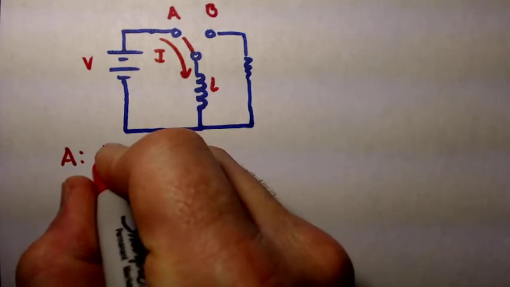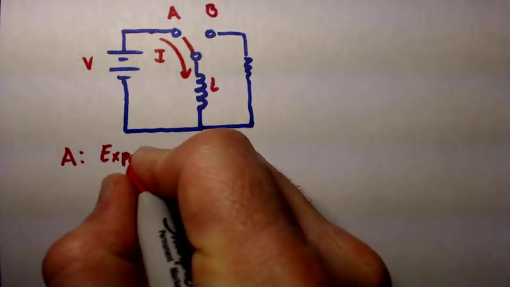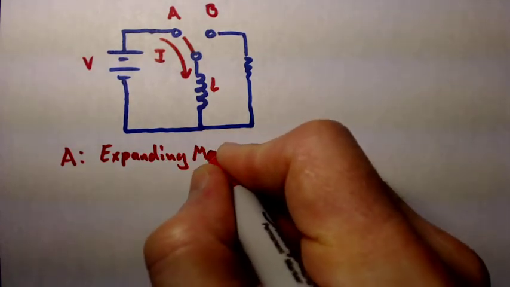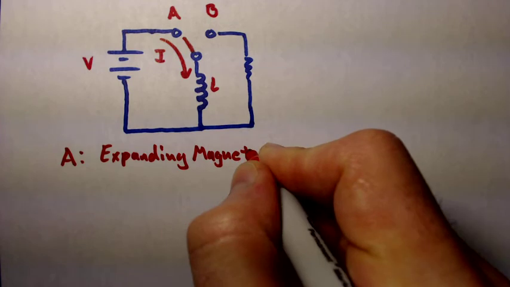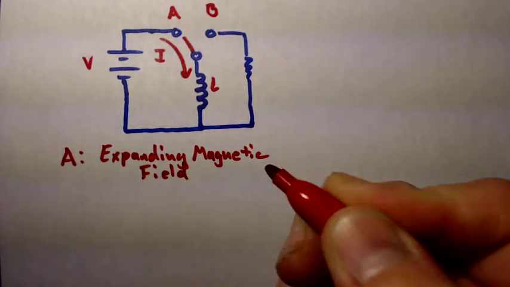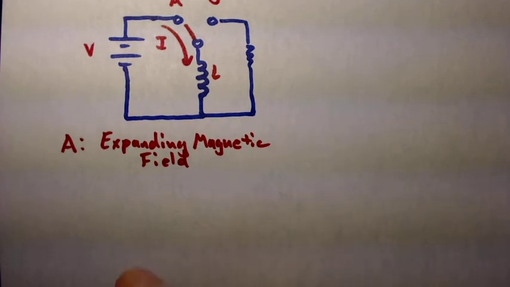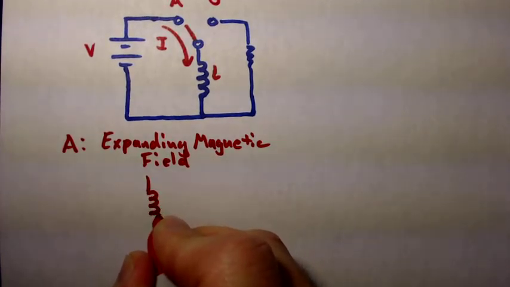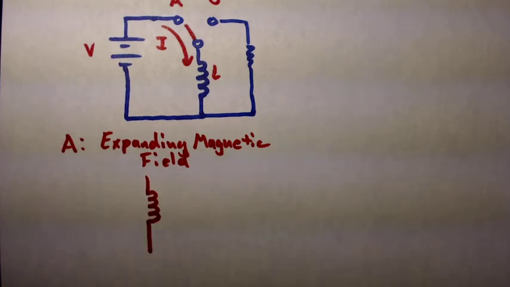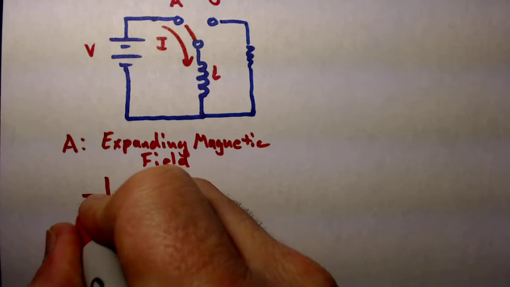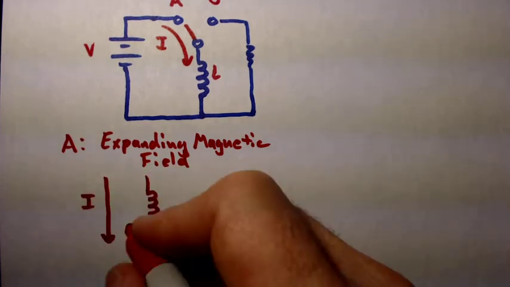We get an expanding magnetic field. Okay, so I'm going to draw my inductor here. We have current flowing through it in this direction.